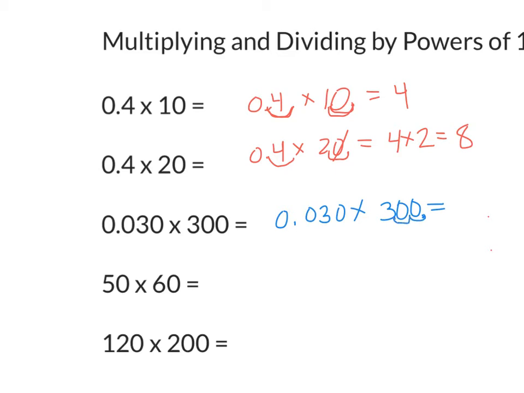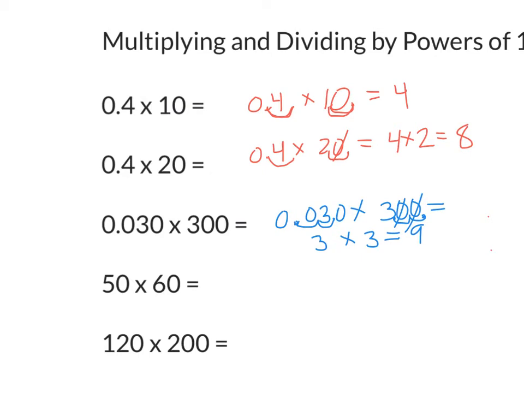Whatever we do to this right number, we move that one to the left 2, then that means you have to move this decimal over to the right 2. This one moved to the left 2, this one moves to the right 2. Okay, so that means this number becomes a 3, and this number becomes a 3. So it's 3 times 3, which equals 9.